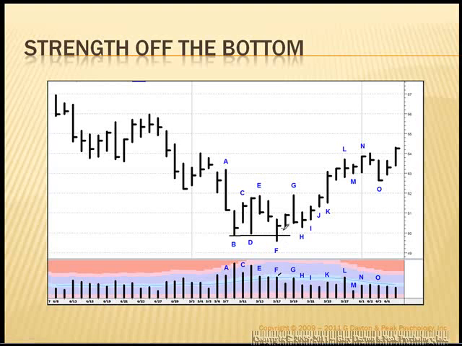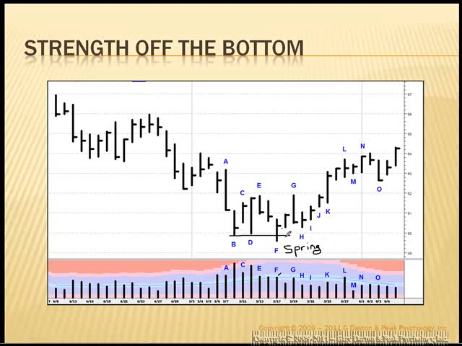Wyckoff, if he were doing his hand charts at night and saw this, he would put an order in to buy on the open the next morning. This would immediately pique his interest. And this is what we call a spring. We'll talk a little bit more about this later in this session, or if we don't get to it today, next session.